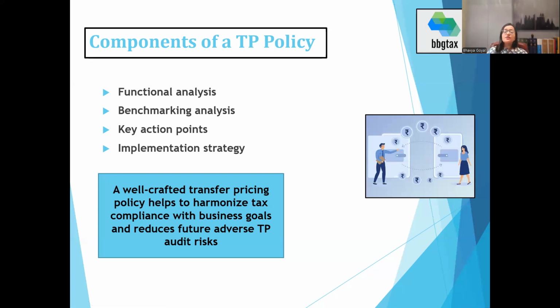Essentially, what they can do to bring their existing prices of related party transactions to arm's length, and an implementation strategy for that is also included with proper suggestions. So essentially, a transfer pricing policy helps to harmonize tax compliance with business goals and reduces future adverse transfer pricing audit risks.